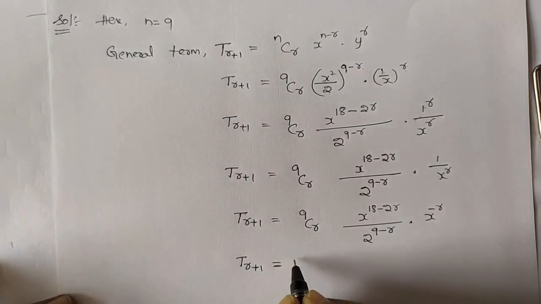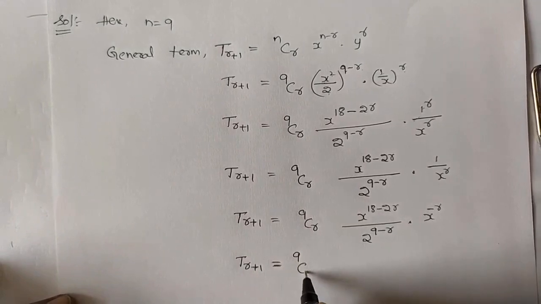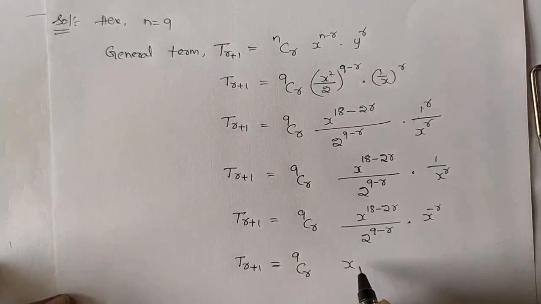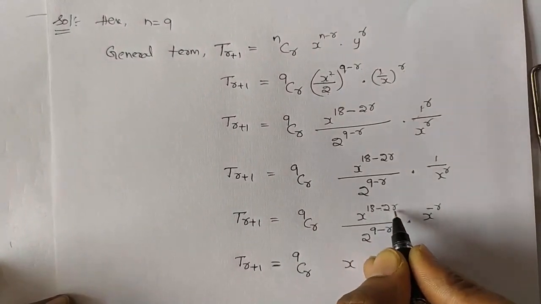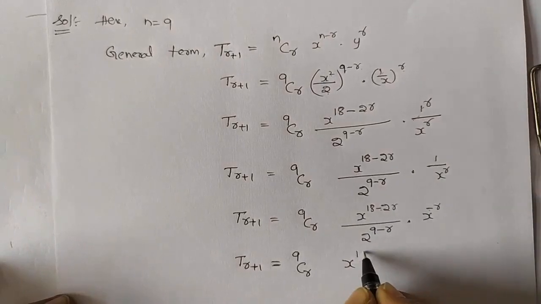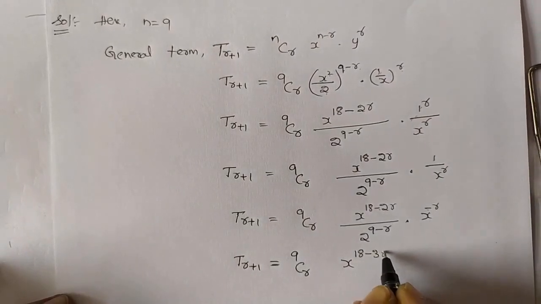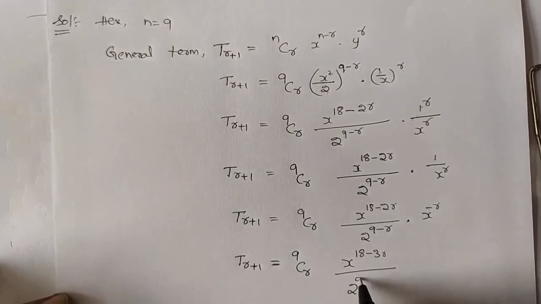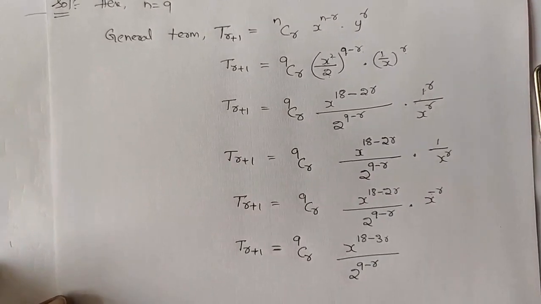T r plus 1 equals 9Cr x power 18 minus 2r minus r, which is minus 3r, so 18 minus 3r, divided by 2 power 9 minus r.